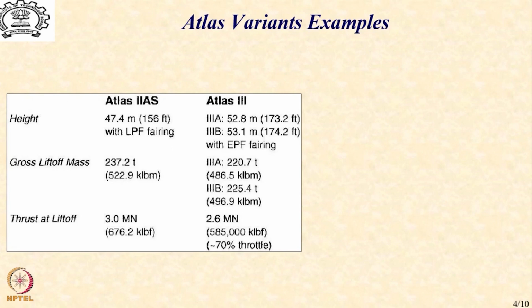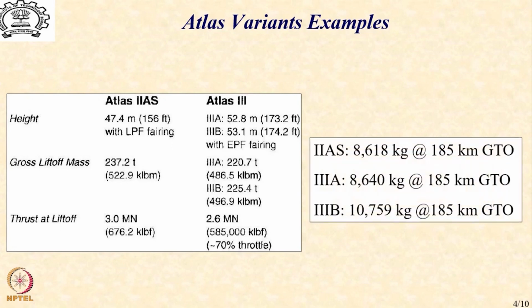Even though these numbers might look a little larger as percentage of the basic or the base configuration, these are within the range of about 5 to 10%, which is considered to be small change for the overall rocket. Let us look at what kind of missions these particular variants are expected to perform.